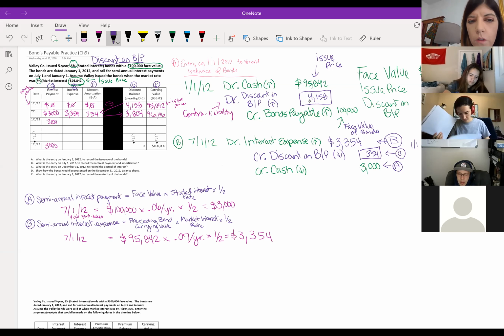Questions on that first one? Okay. For January 1st, 2013, we already know that the interest paid is 3,000. You had to calculate the interest expense.